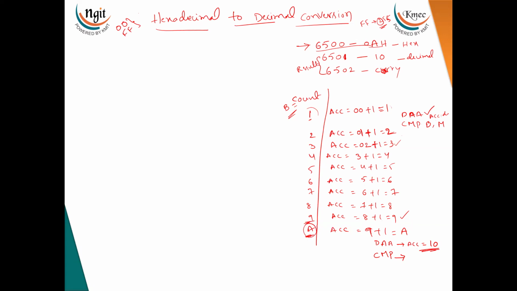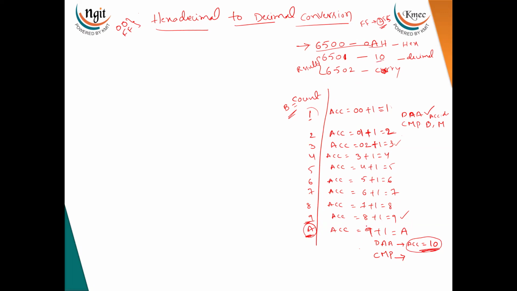Now both are matching, so we have to stop adding 1 to the accumulator. Comparison is done. The result is in the accumulator, and we need to store it in the next consecutive memory location.